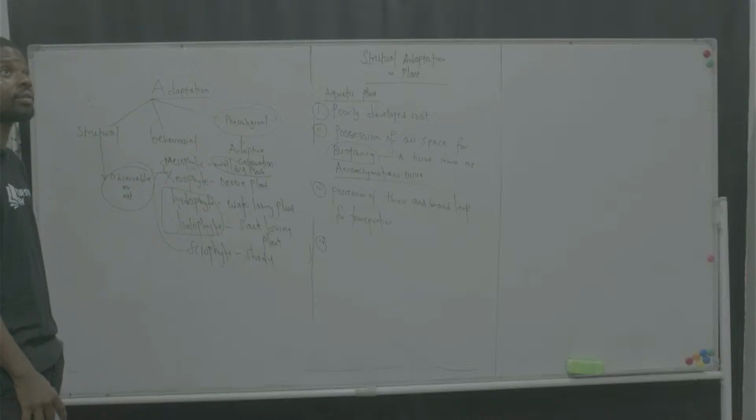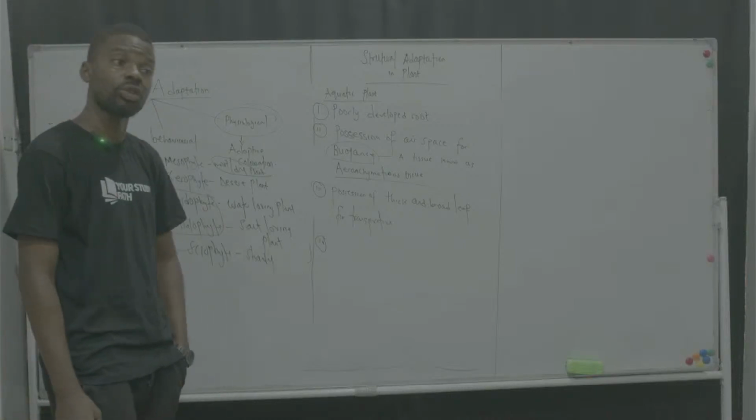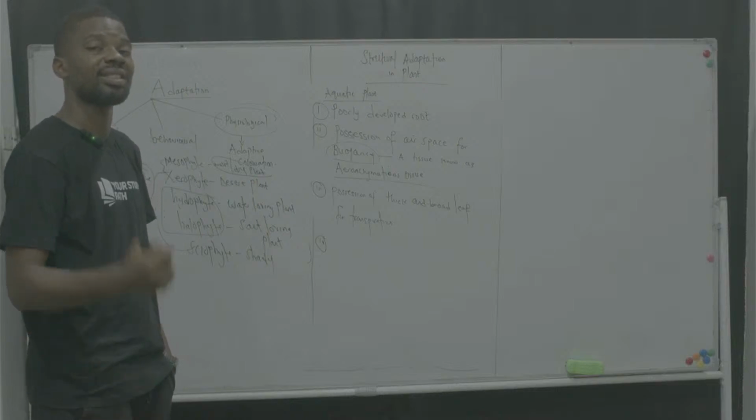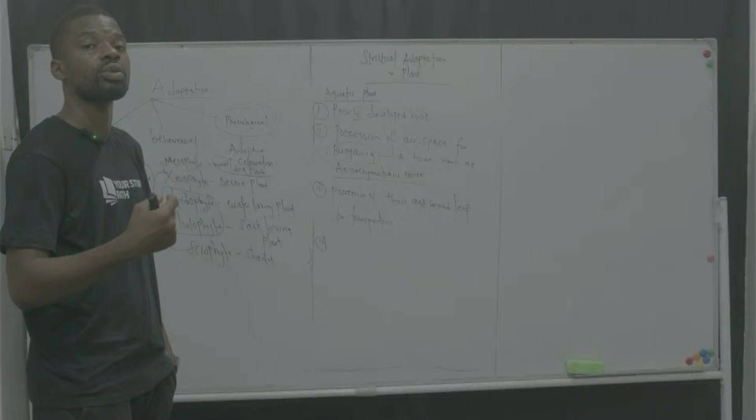Now, what's the last thing I'm going to tell you for them? Aquatic plant. Remember that a halophyte, which is a salt-loving plant, is found inside water. You will have what they call silt root, and a salt gland.